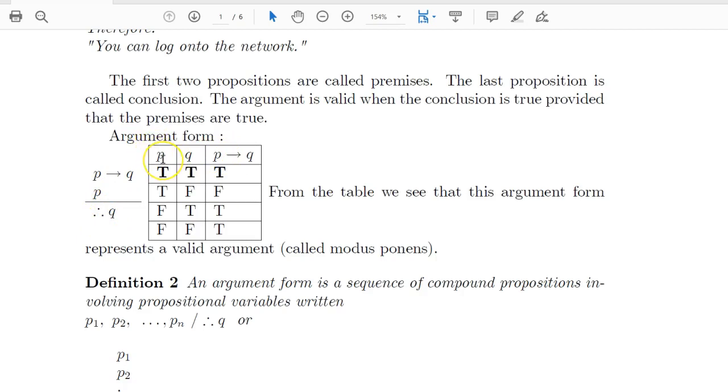We can figure out that this argument form is valid by considering the truth table.